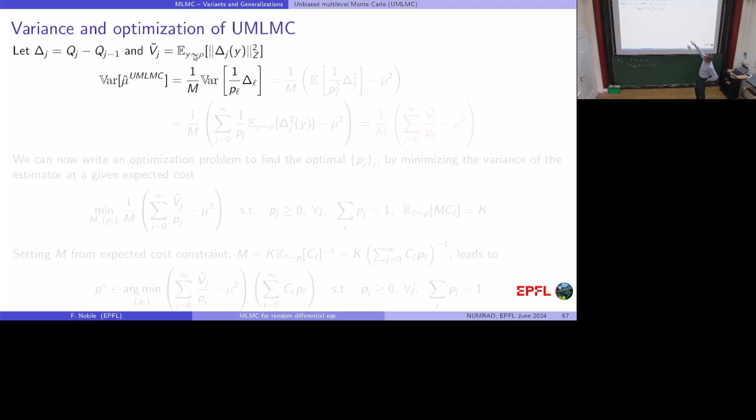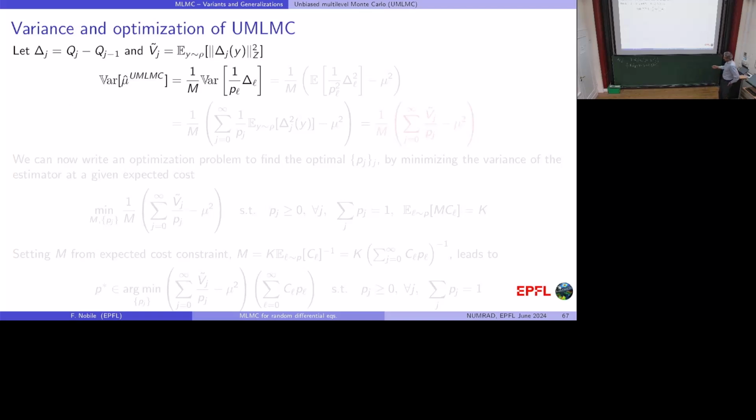This is B tilde J, so it's the expectation with respect to Y of this delta J, measured in the right norm, squared. I put a tilde because this is not the variance, it's just the expectation of the difference squared, but not subtracting the mean.